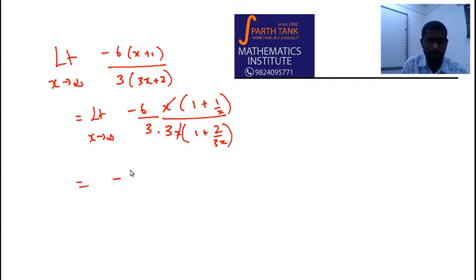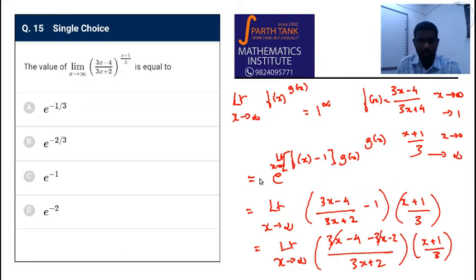So the limit is minus 6 by 9, which is minus 2 by 3. Therefore, the final answer is e raised to minus 2 by 3. If you see, we said e raised to limit x tends to infinity, f of x minus 1 into g of x. Okay, so e raised to minus 2 by 3, option B.